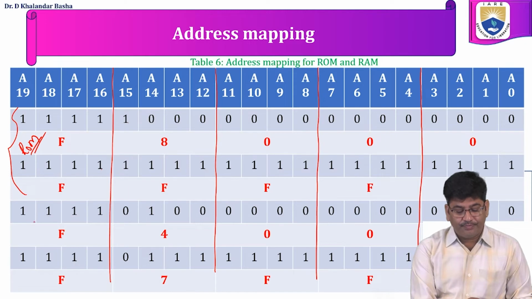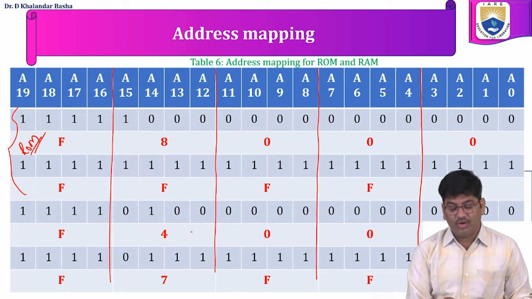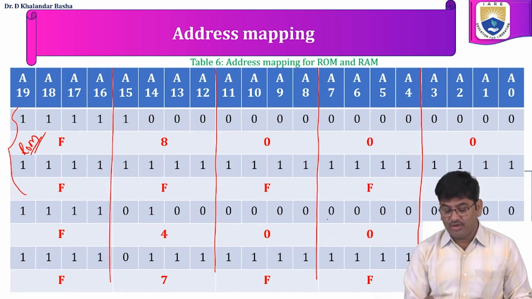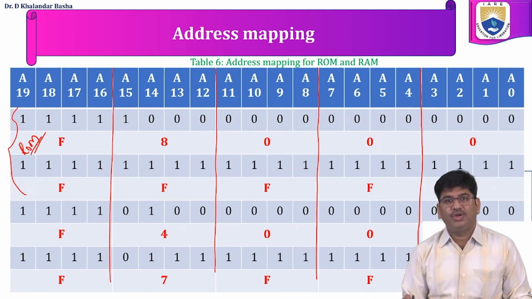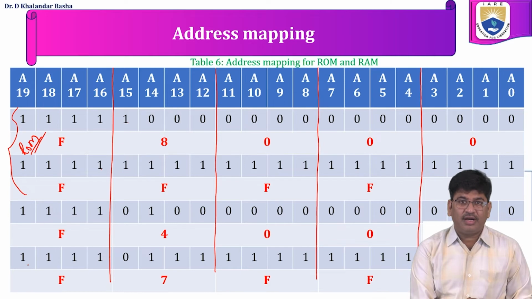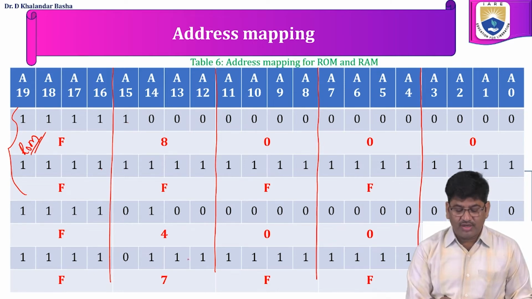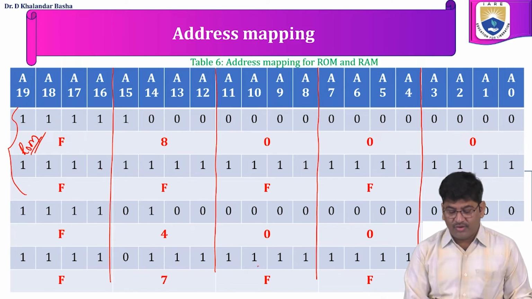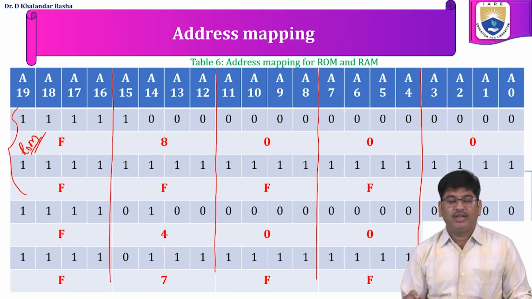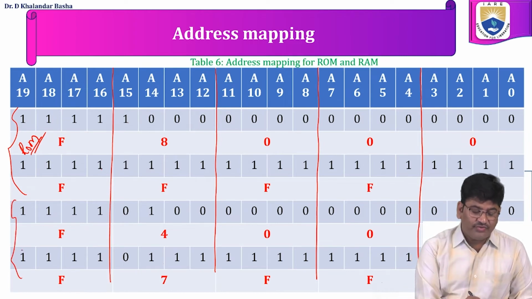Whereas for RAM, the starting address is 1111, which is F, 0100, 4, 0000 0, 0000 0, 0000 0, and the maximum or last address for RAM is 1111 F, 0111 7, 1111 F, 1111 F, 1111 F. So this is the address space which we are assigning for RAM.